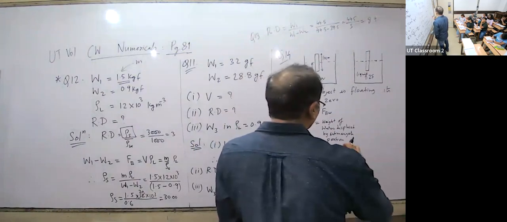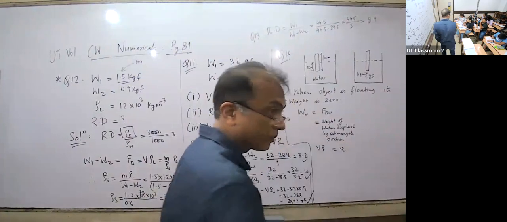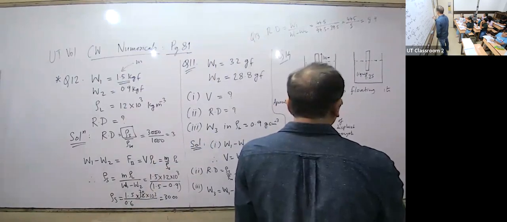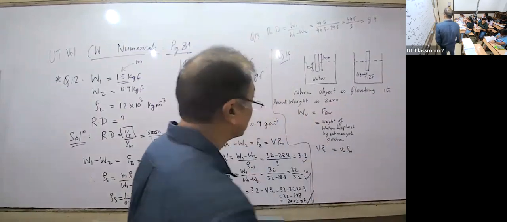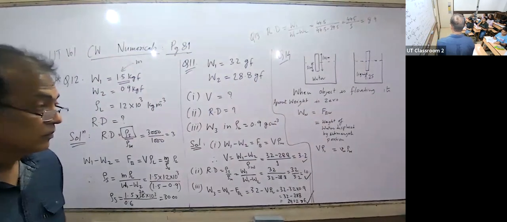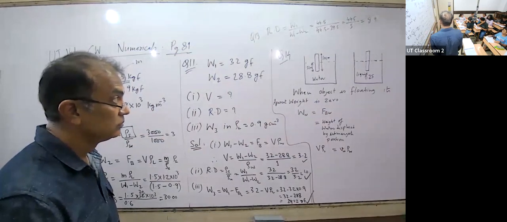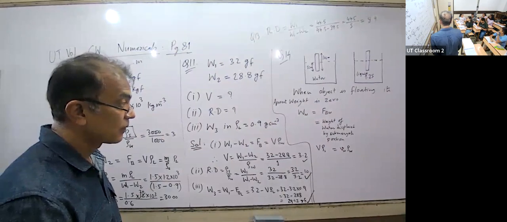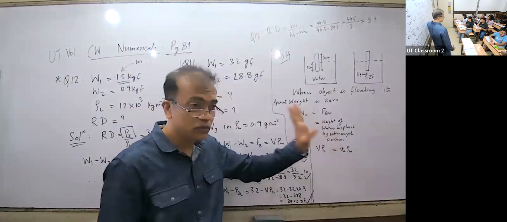Now, volume of the submerged portion in water is dW. And then the density of water. This is density of substance. Because the full weight of substance is balanced. So this is our equation 1.